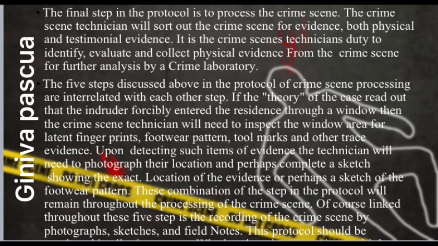Upon detecting such items of evidence, the technician will need to photograph their location and first perhaps complete a sketch showing the exact location of the evidence, or perhaps a sketch of the footwear pattern. This combination of the steps and the protocol will remain throughout the processing of the crime scene.